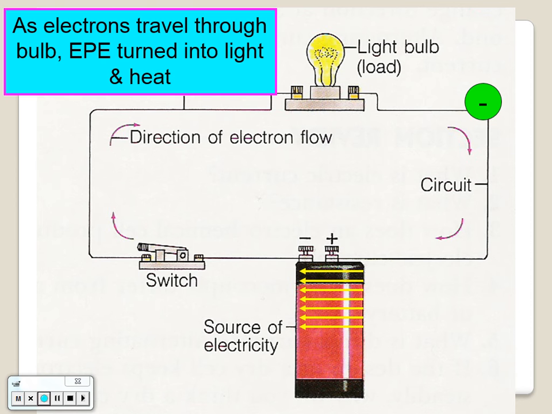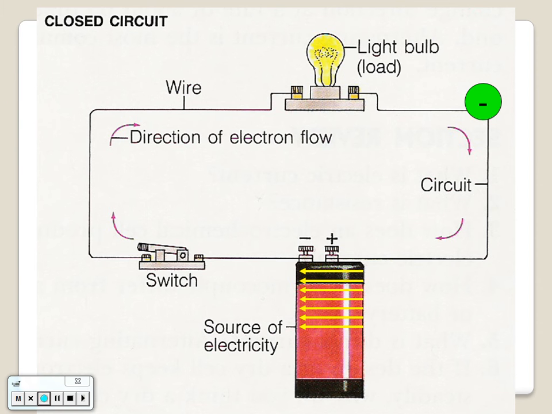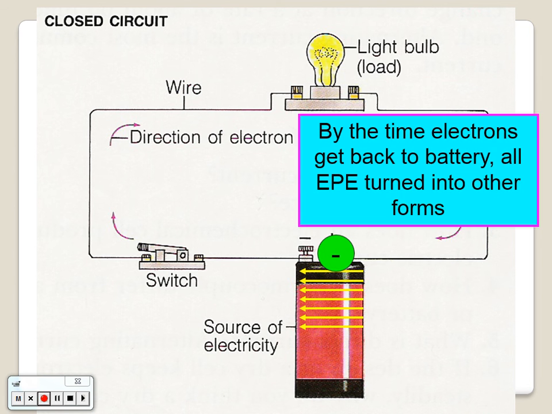Sometimes it's converted into light and heat, depending on what's in our circuit. If it's a speaker, it could be converted into sound. The biggest idea is that eventually, as these charges move through the circuit, any electrical potential energy they gain from the battery is converted back into other forms of energy as it travels through the circuit.